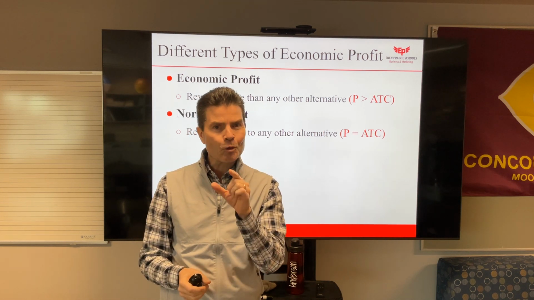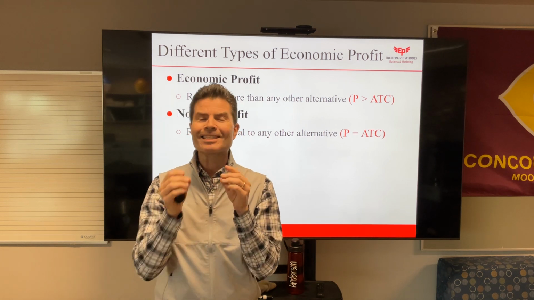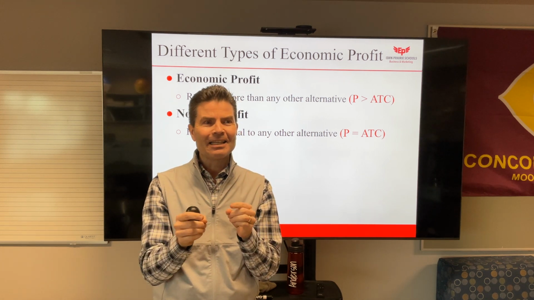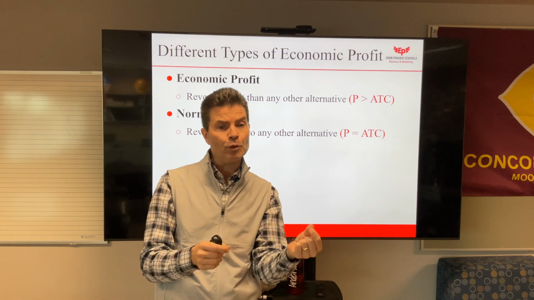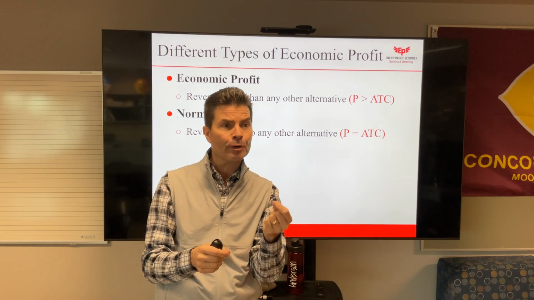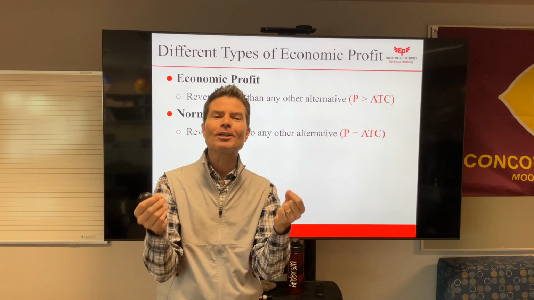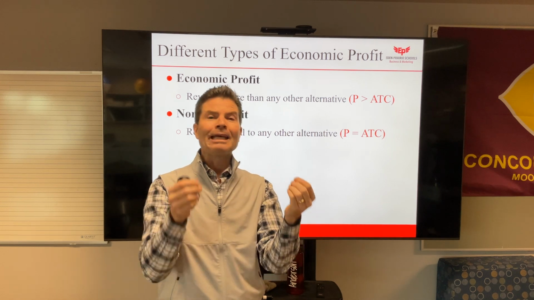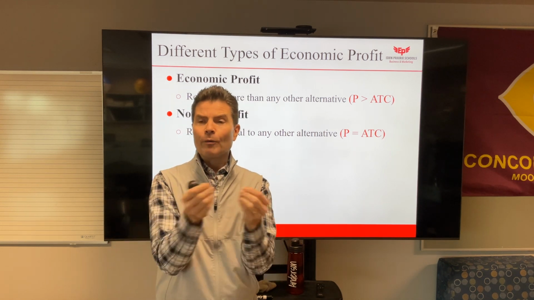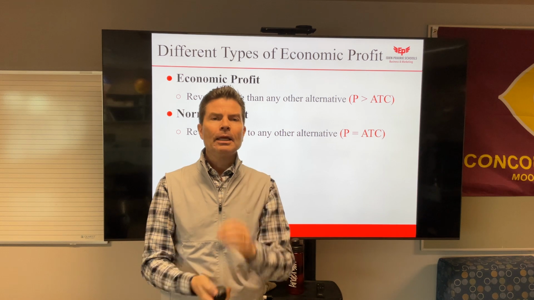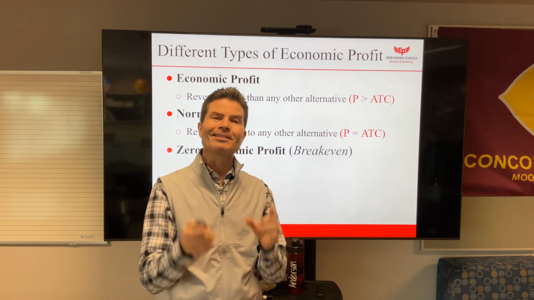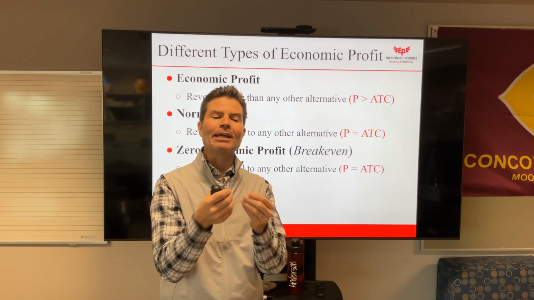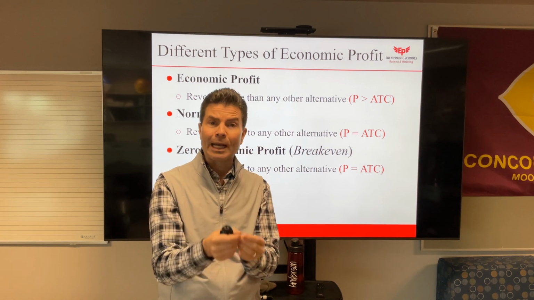If at the optimal quantity your price is equal to ATC, that means the revenue coming in per unit is the same as the cost per unit, so your profit is zero.